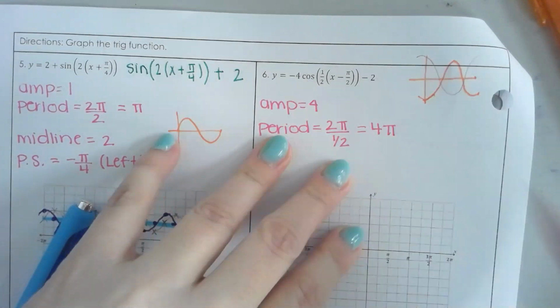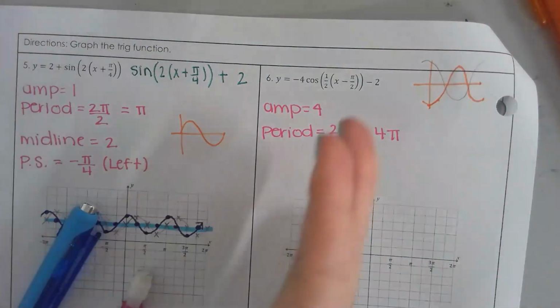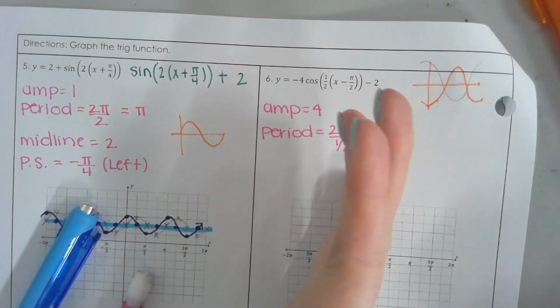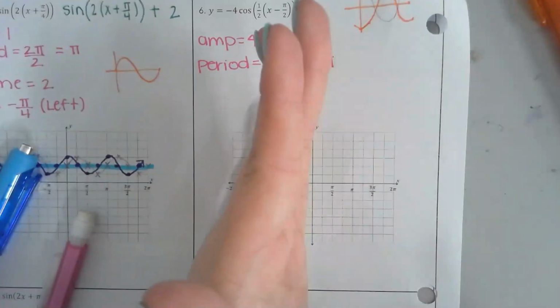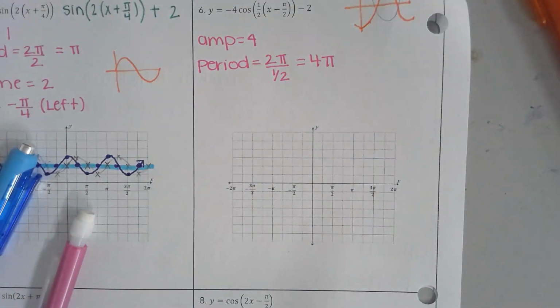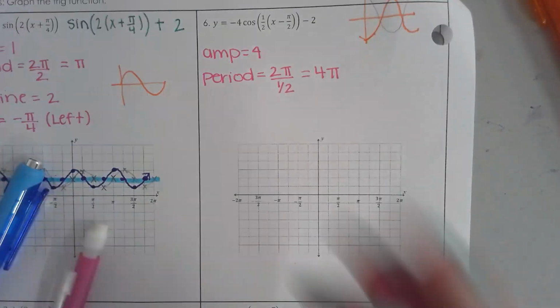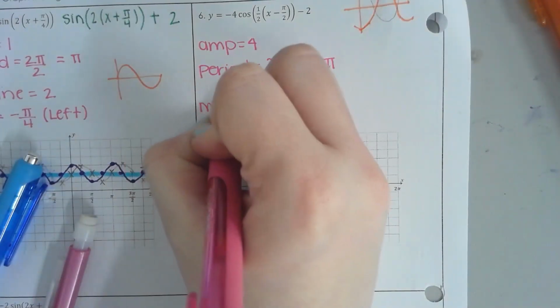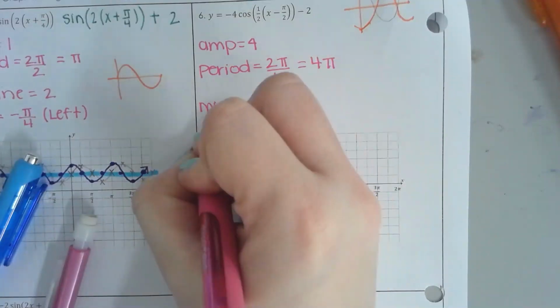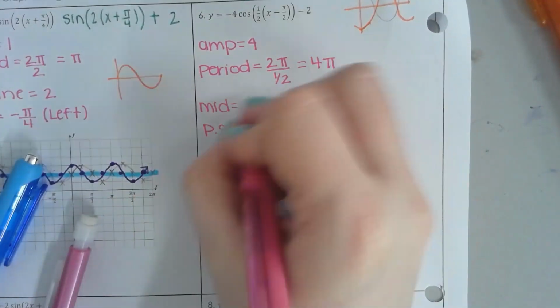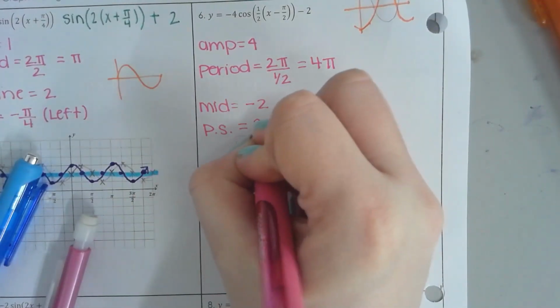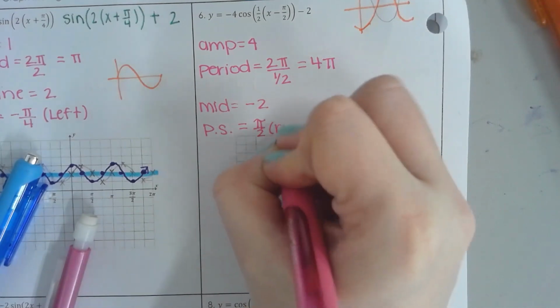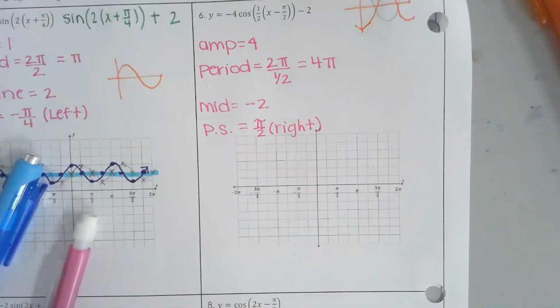So we saw one like this yesterday where my ending was off over here, off the paper, so we'll go through that one carefully again. My midline is -2, and my phase shift is pi over 2, which means it's going to go right.